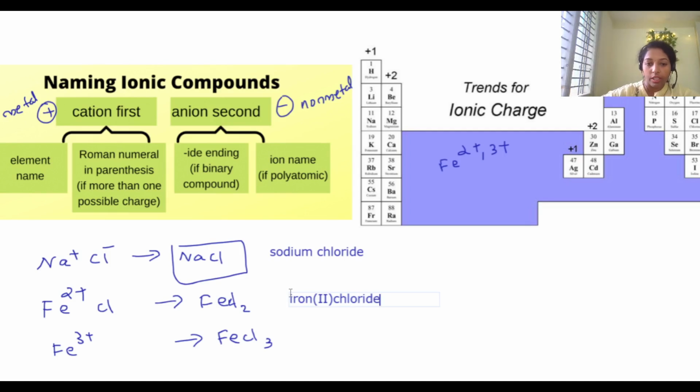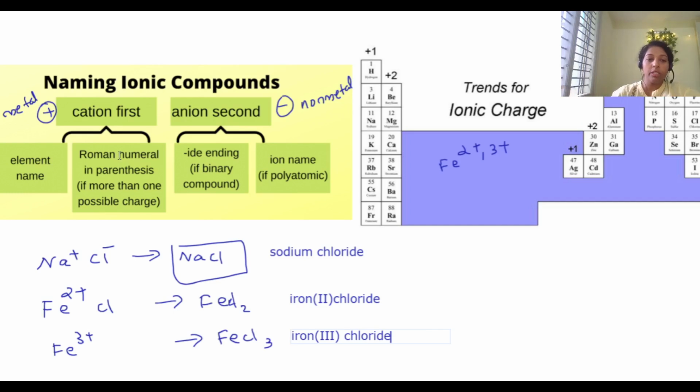What about the other one? FeCl3 means iron is in the plus 3 state, so it is iron(III) chloride.